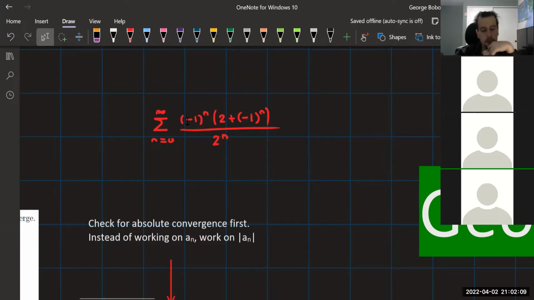It's fine if we go and check just the positive version of this series. I was thinking of actually splitting it into two and checking the individual bits if they converge or not. Because if you split it into two bits and one of them actually diverges, you're screwed. You're going to diverge as the sum. But if both pieces converge, then you can rest assured that the entire thing will converge. I'm just thinking right now, how should we treat this? Because this is an odd one.